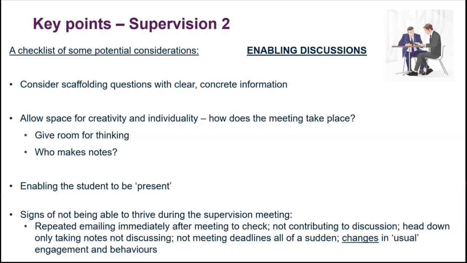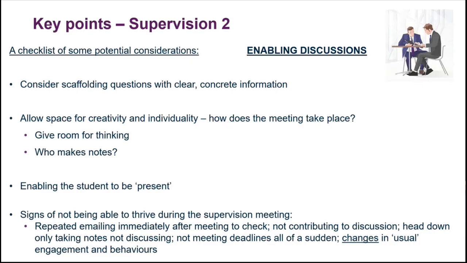Not talking so much and just saying yes or just agreeing, being kind of subservient in a way during that supervision meeting, just yes, yes, yes, and not actually contributing. Really, especially if that's a change of behaviour for that student. Perhaps they're feeling overloaded at that time and not able to think and process what's going on.